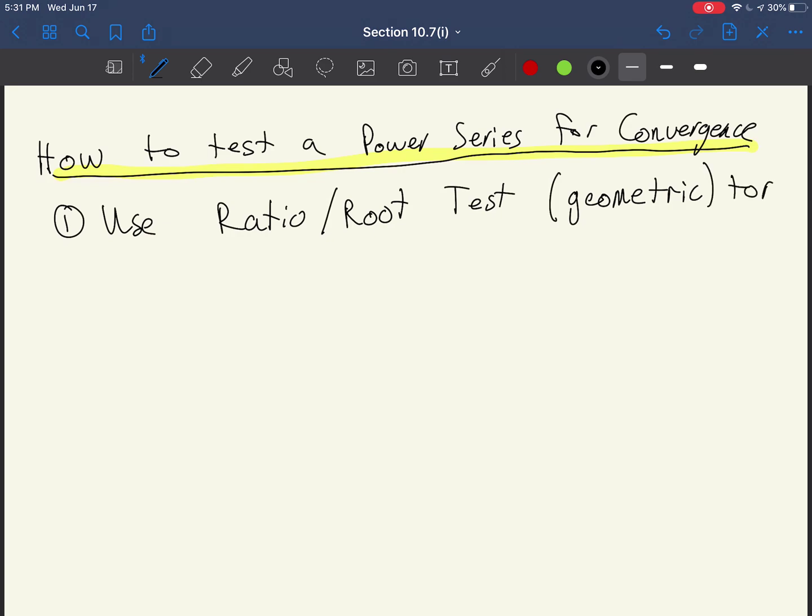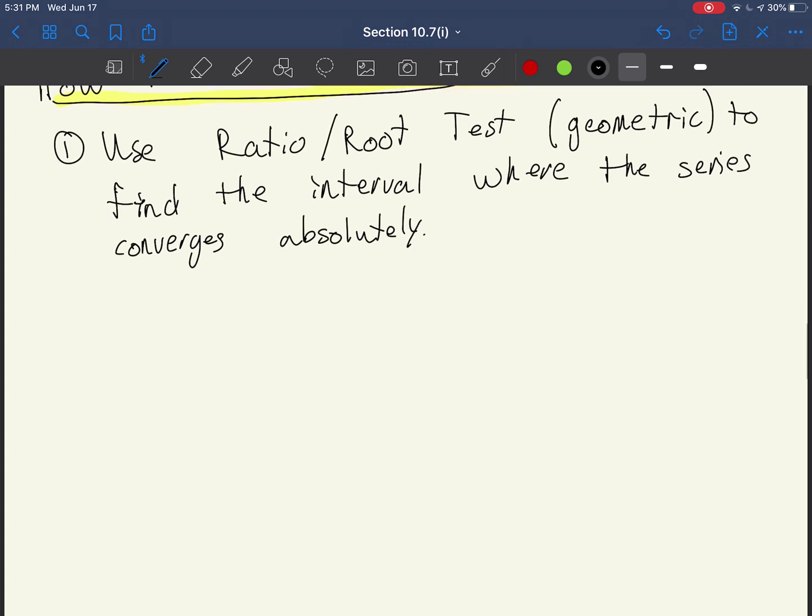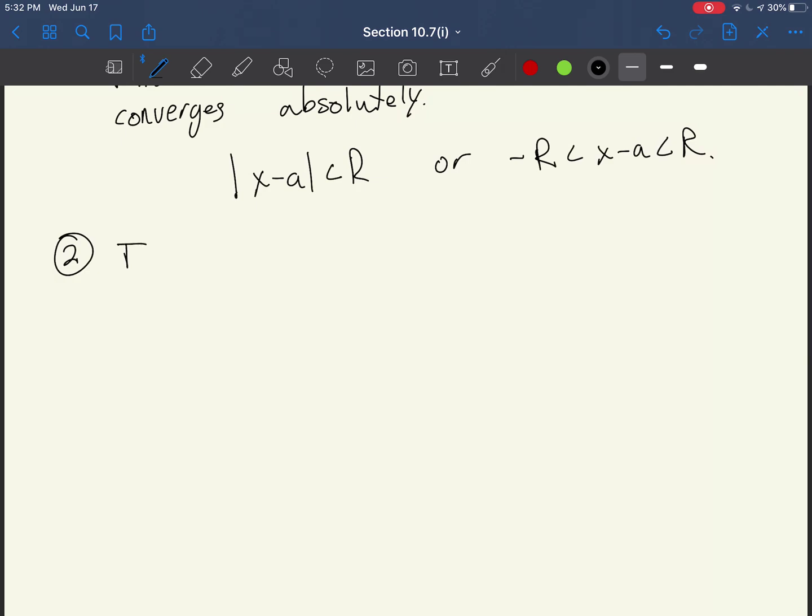Now I'm also going to put in parentheses, or the geometric test if applicable, to find the interval where the series converges absolutely. So that would be the absolute value of x minus a is less than r. Or we might get, if you were to decompose the absolute value, negative r is less than x minus a is less than r.